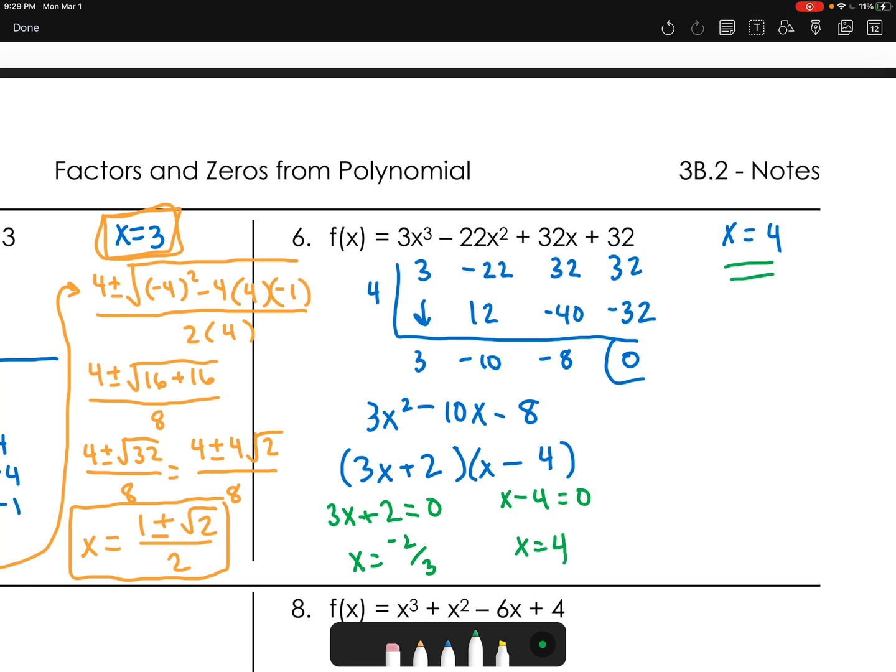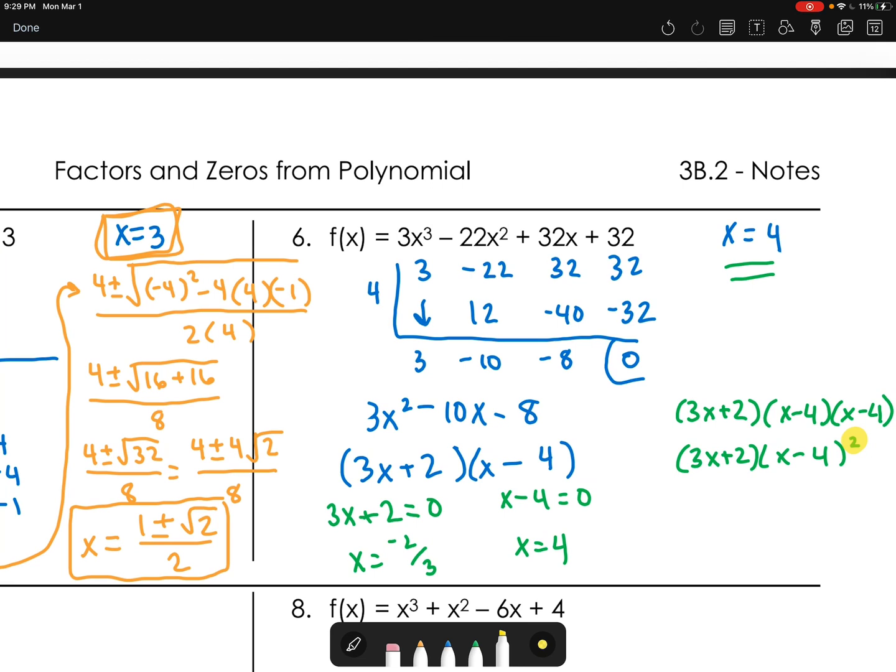Well, wait, we already got x equals 4 over here. Think about what that means when you have two zeros that are the same. This would mean that the fully expanded form of this would be 3x plus 2, x minus 4, x minus 4, which is the same thing as 3x plus 2 times x minus 4 squared.